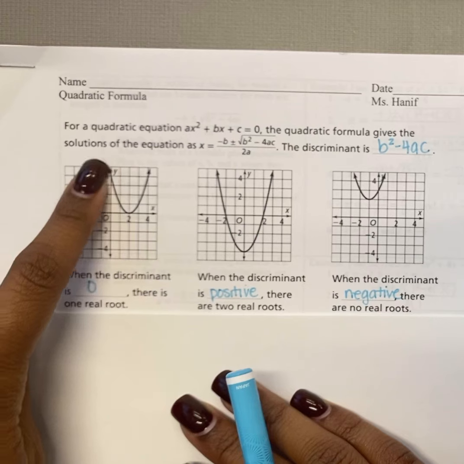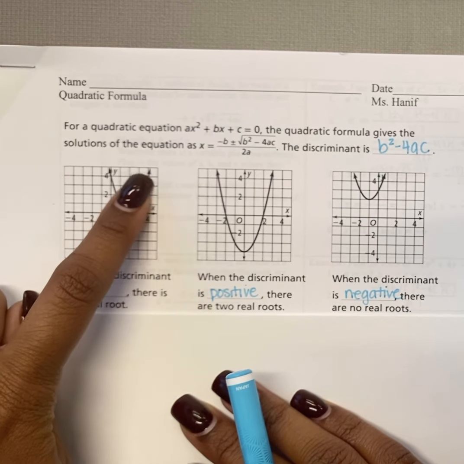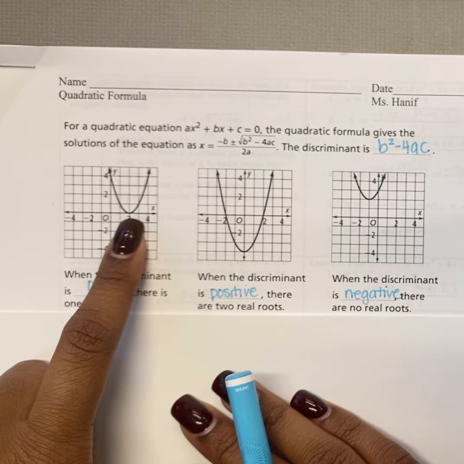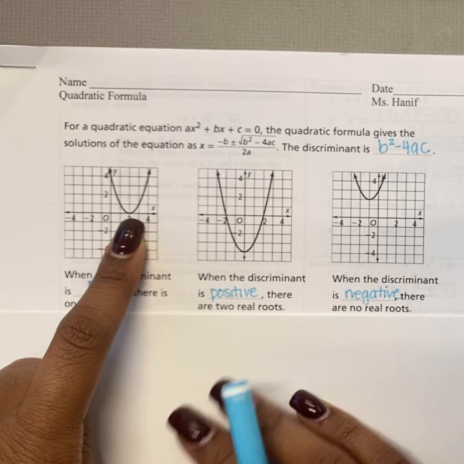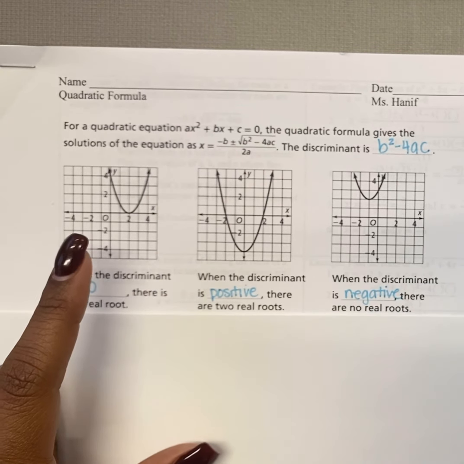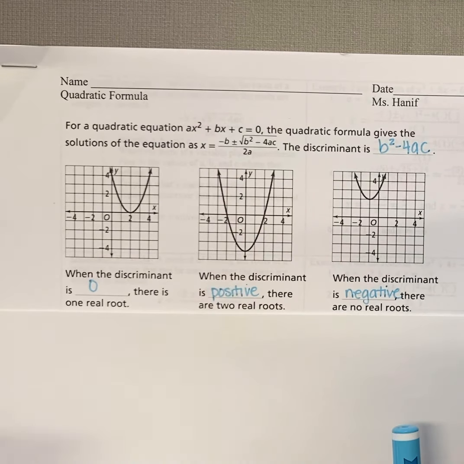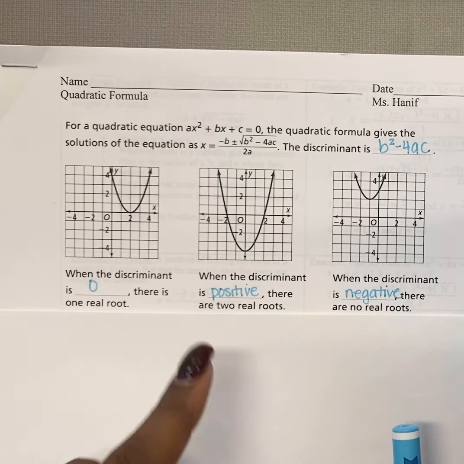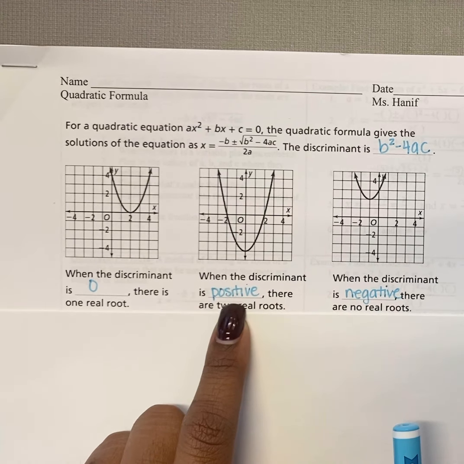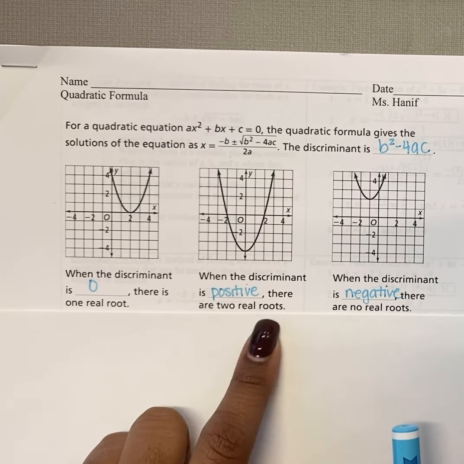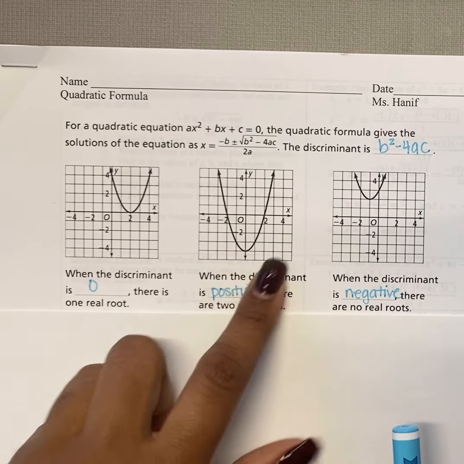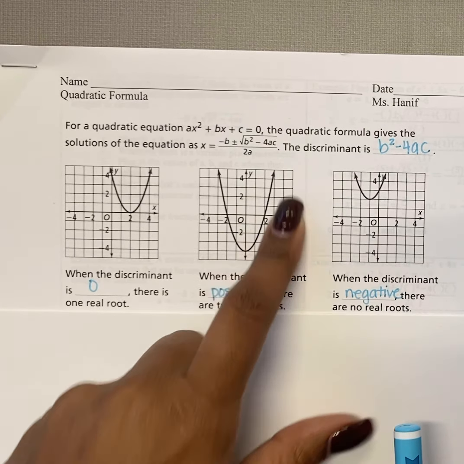It means that your graph will only cross that x-axis one time at one point, okay? If the discriminant is positive, and it's any positive number, right? Any number greater than 0, then you will have 2 real roots. That means your graph will cross that x-axis 2 times, okay?